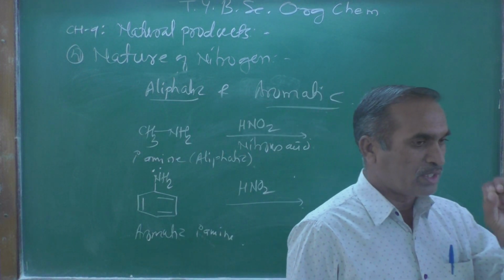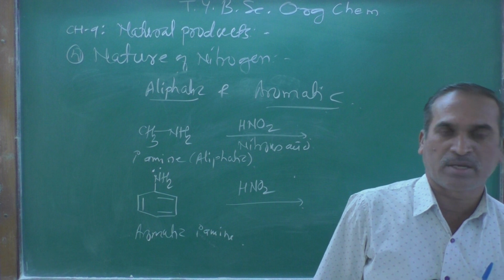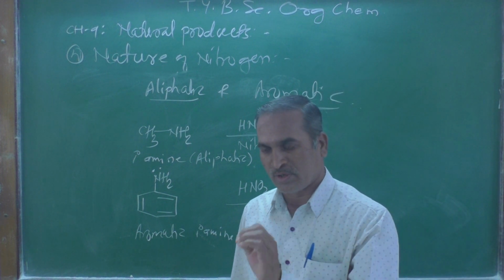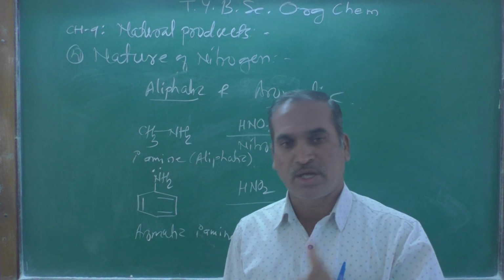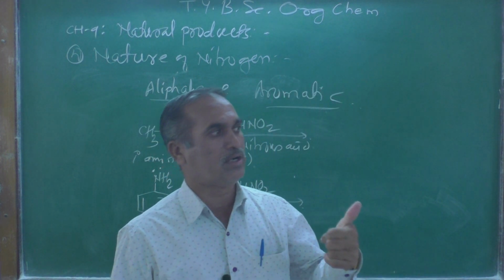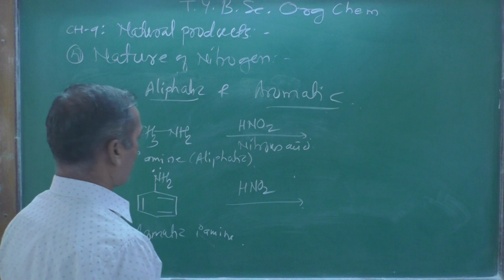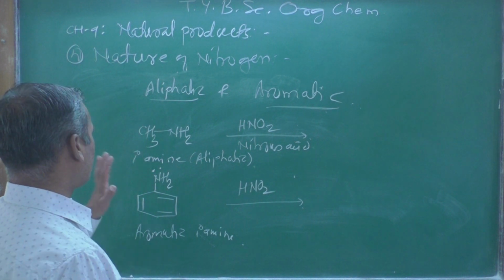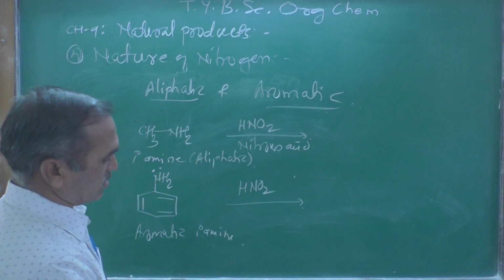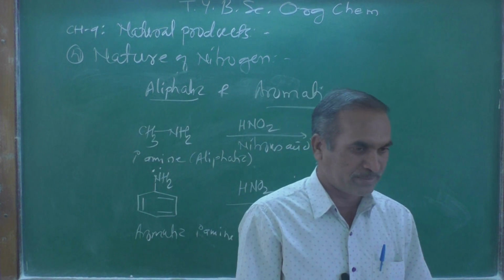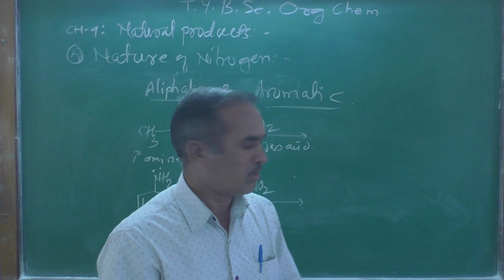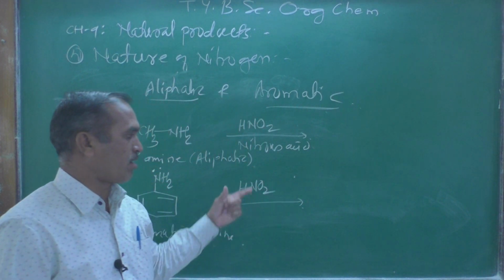What I am trying to explain here is very important. This is a chemical test for the identification, or detection, of aliphatic and aromatic amines from each other. What do you expect here? Can you tell me what product I am going to get?